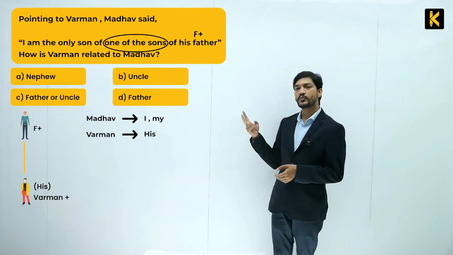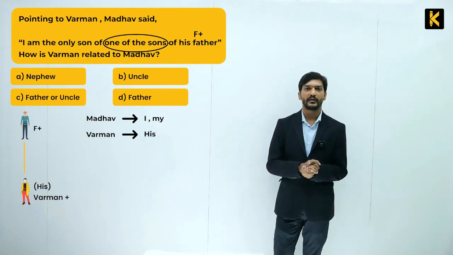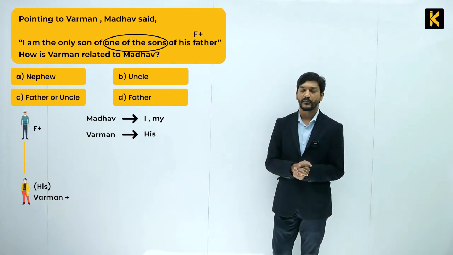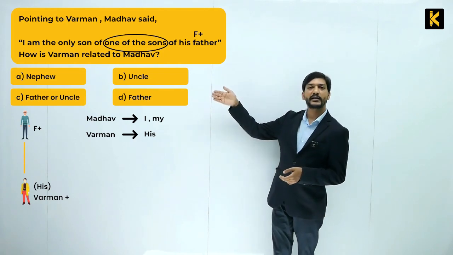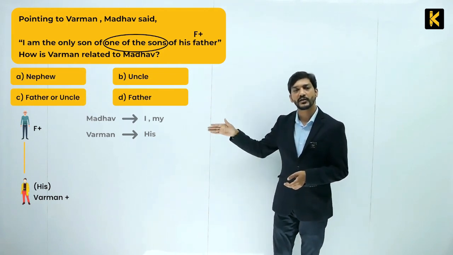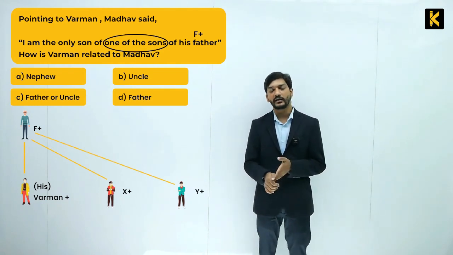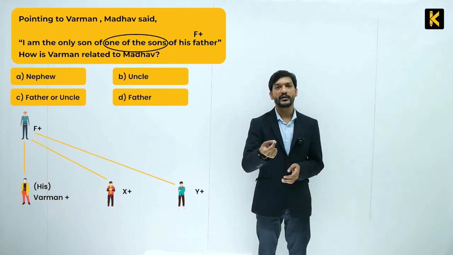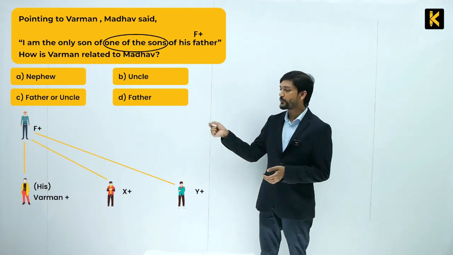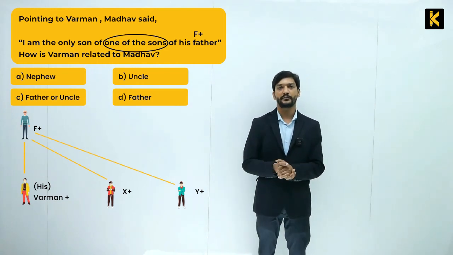So let me take 2 more sons and I am representing them by X and Y. The sons will be 1 generation below F, and because sons are male, I will be writing X plus and Y plus.